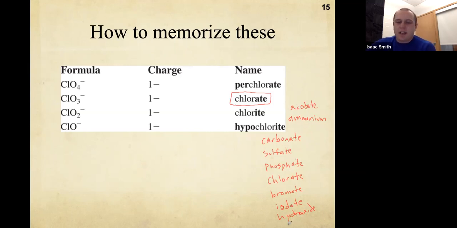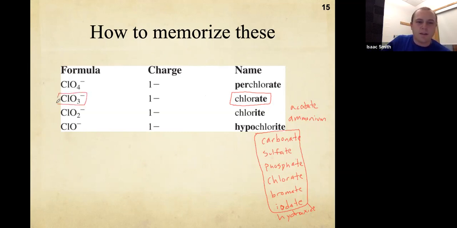Acetate, ammonium, and hydroxide are all kind of one-off polyatomic ions, but all of these have different forms. Once you memorize the -ate form, you can get to all the other ones. For chlorate, you would just memorize ClO3 with a 1- charge. You can get up to perchlorate by adding an oxygen.